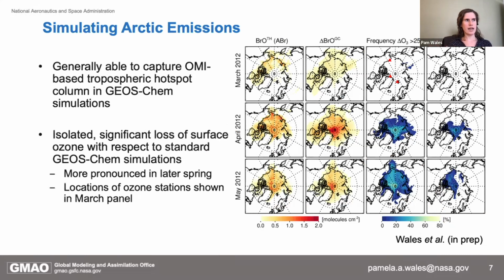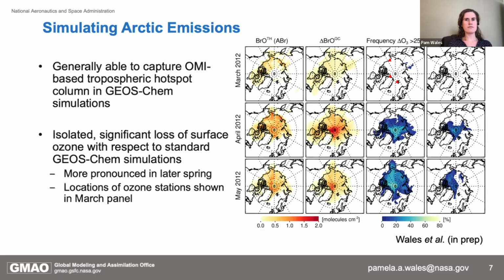On the right, I have some surface ozone statistics, and this is how much surface ozone has changed in GEOS-Chem relative to our standard simulations. We're detecting how frequently we have significant decreases in ozone, where the change in surface ozone is greater than 25 or 50%.